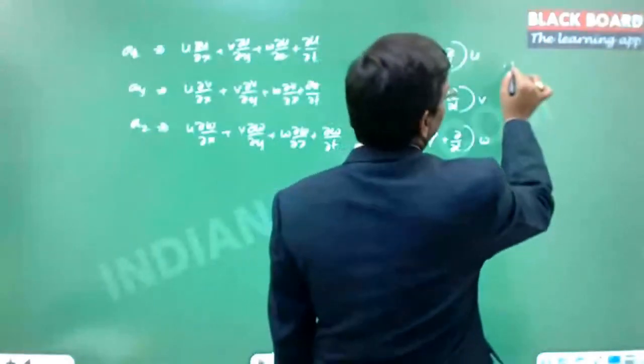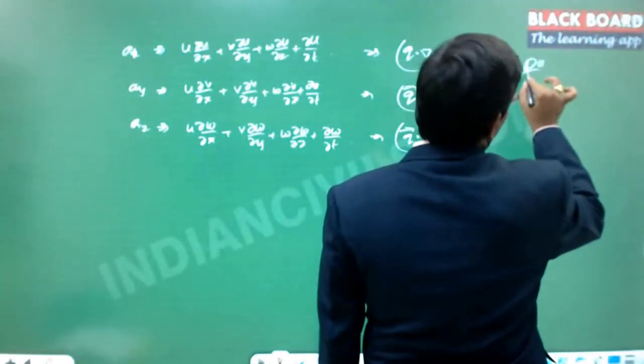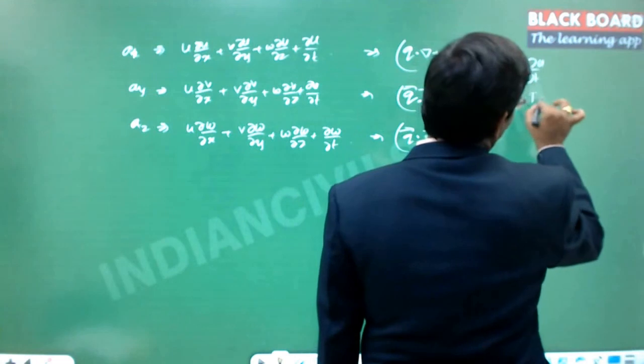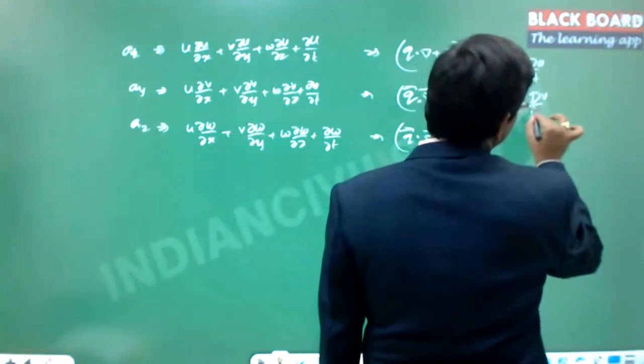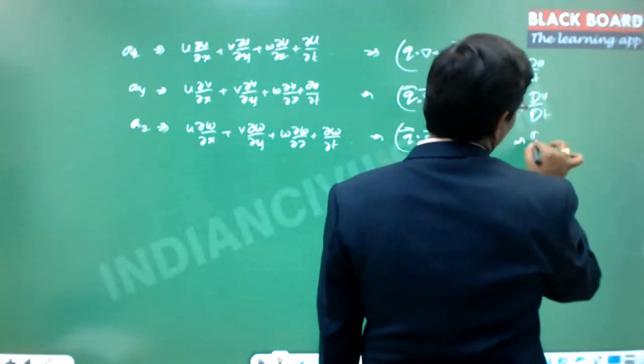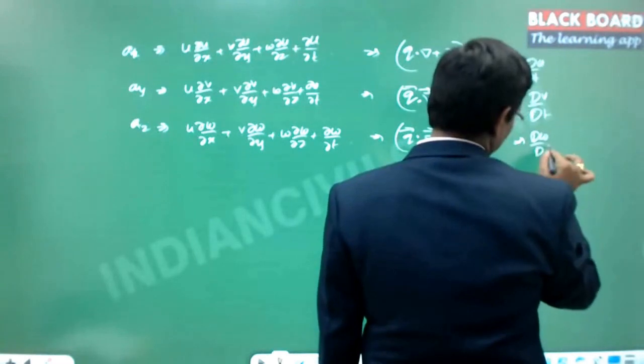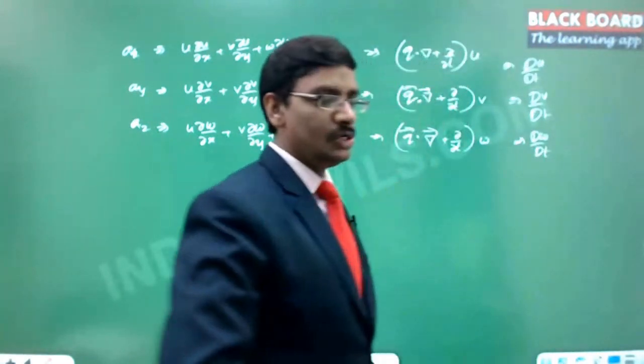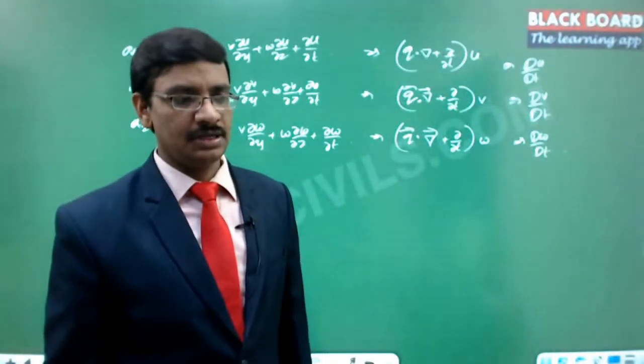Essentially, these are du by dt, dv by dt and dw by dt. So this is nothing but the material derivative of the individual components of the velocities, right?